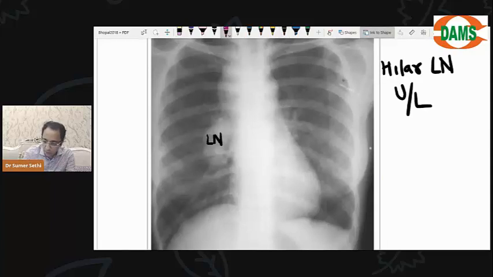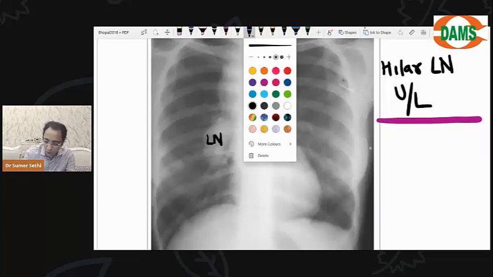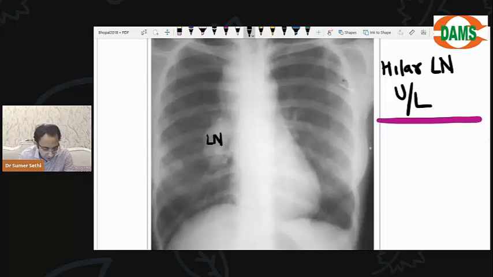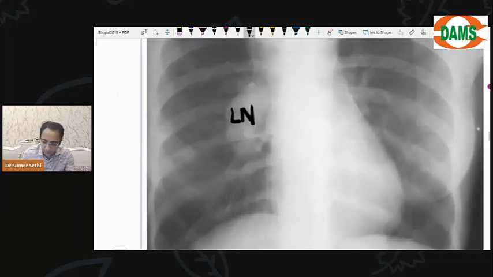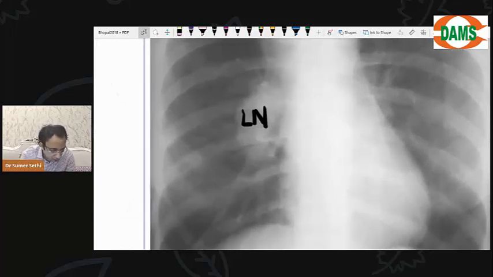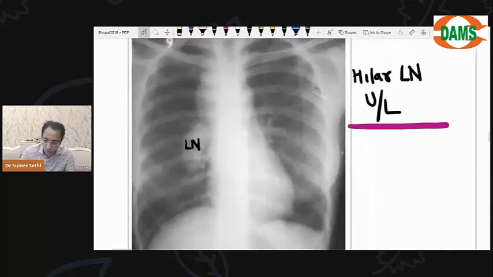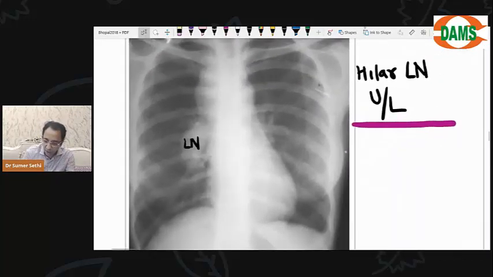What is the possible cause? What do you think is the most important cause of unilateral hilar lymphadenopathy? So the most important cause of hilar lymphadenopathy is tuberculosis.